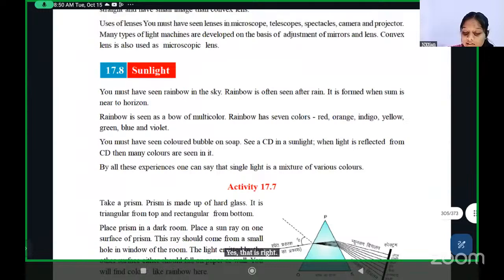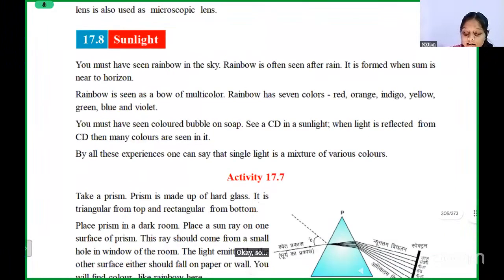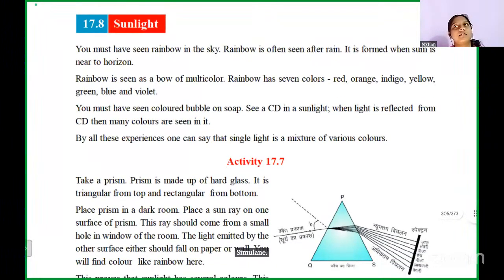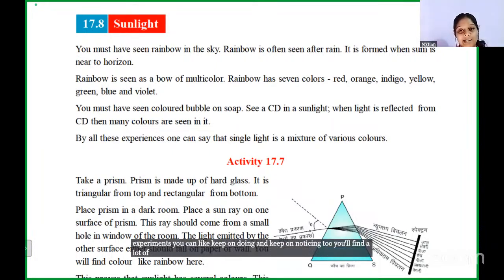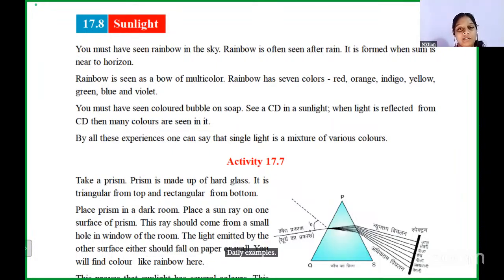Okay. So, these concave and convex experiments you can keep on doing and keep on noticing too. You'll find a lot of examples in your everyday life of converging and diverging lenses, like the side glass of a mirror, your spectacles.